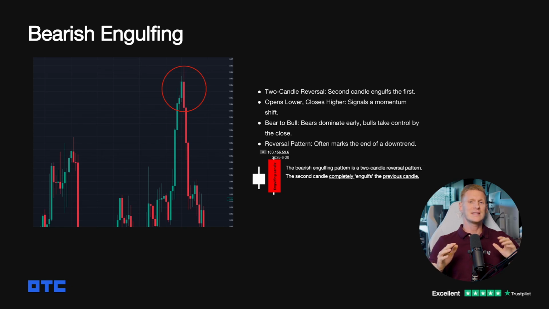By the end, sellers take over decisively, pushing the price down and closing lower than the previous low. This pattern often appears after an uptrend and suggests that bearish momentum is building, potentially marking the start of a downtrend. Now, let's bring everything together and explore how to apply engulfing candles in real market scenarios.